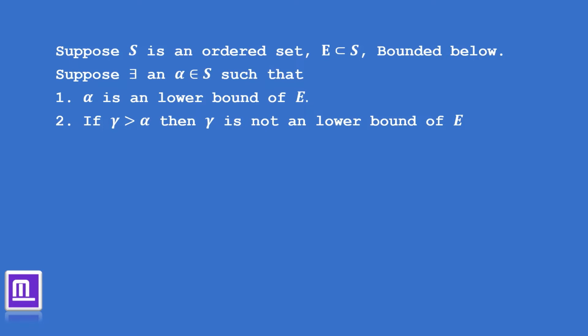Okay, what we have here in the context of greater or lesser: alpha is a lower bound of E. That means alpha is less than every element of E. In the context of relation, alpha is related to E. If there exists a gamma which is greater than alpha, that means an element which is not related to alpha but also not equal to alpha, then gamma is not a lower bound of E. Gamma is not a lower bound.